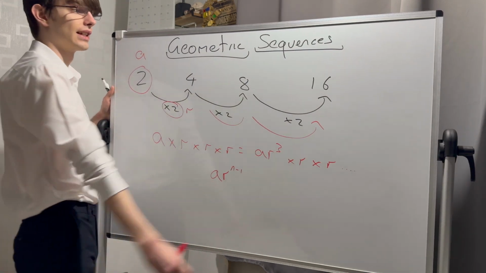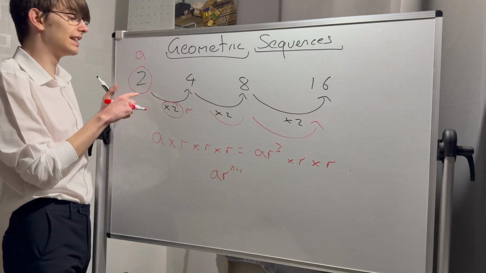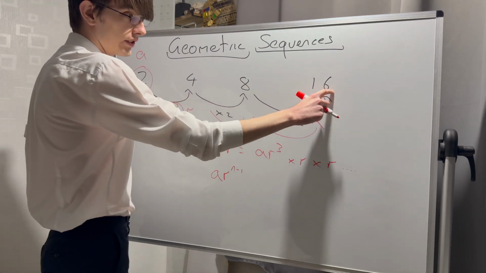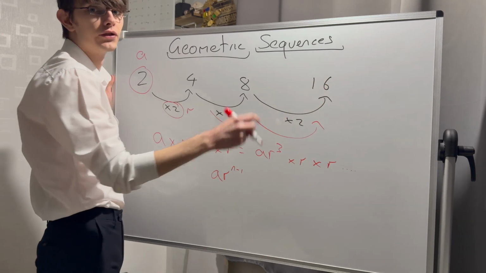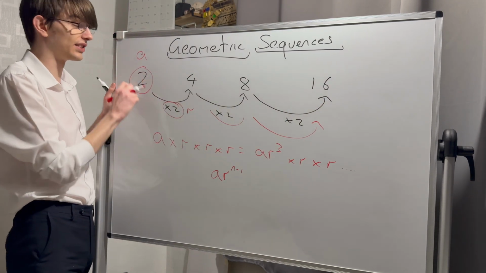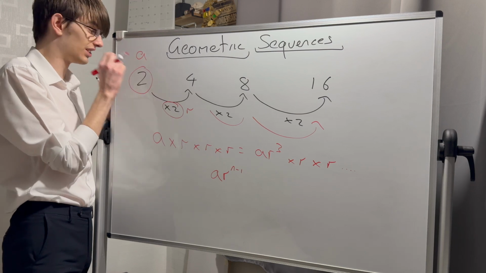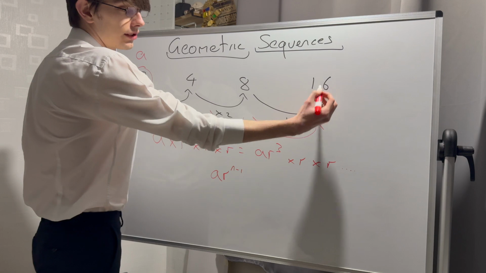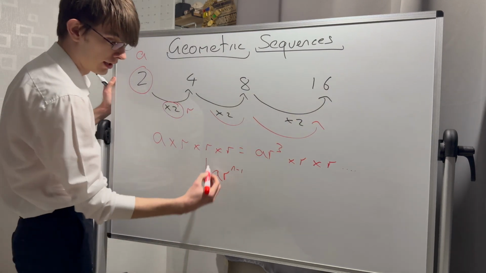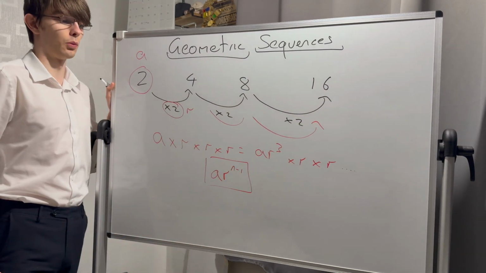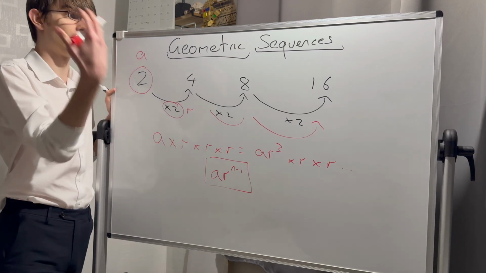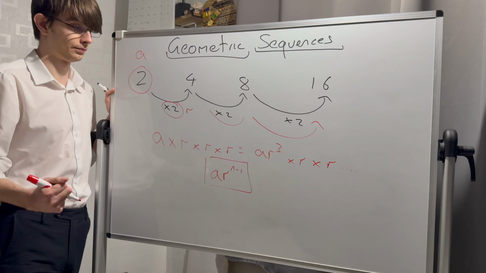As we've just seen, to get to the 4th term, I only need to multiply by R once, twice, 3 times. It's never n amount of times because I'm already starting on a term. So I only need to multiply that term by R 3 times, and AR to the n minus 1 is the general equation for a term in a geometric sequence.